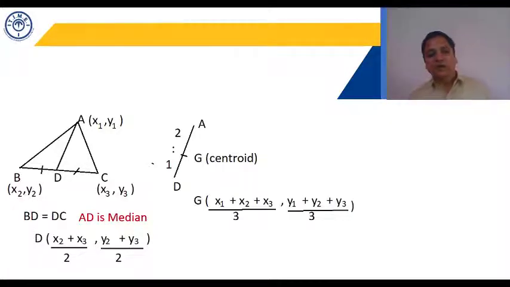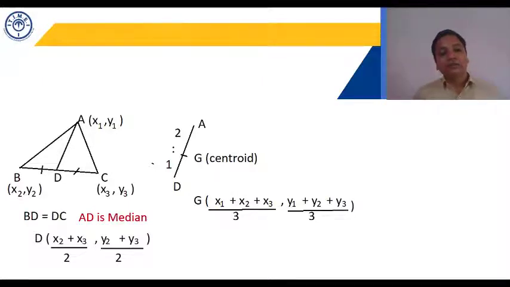Moving further, how do we find the coordinates of G? We know the coordinates of A as x1, y1. We know the coordinates of D, (x2 plus x3) by 2 and (y2 plus y3) by 2. If we apply the section formula using the ratio 2:1, we get the coordinates of the centroid as (x1 plus x2 plus x3) by 3 and (y1 plus y2 plus y3) by 3. Please remember this property.